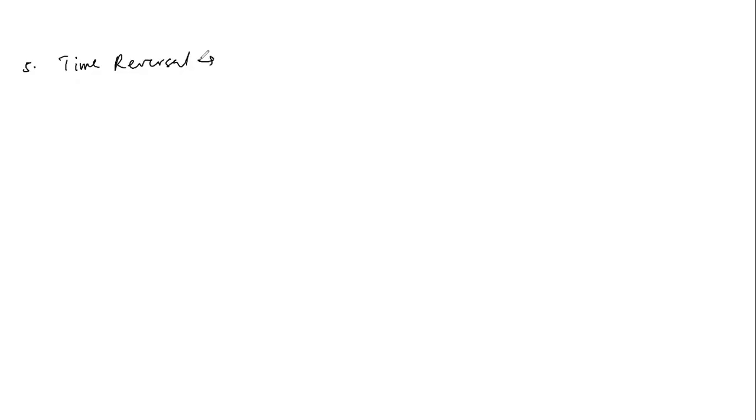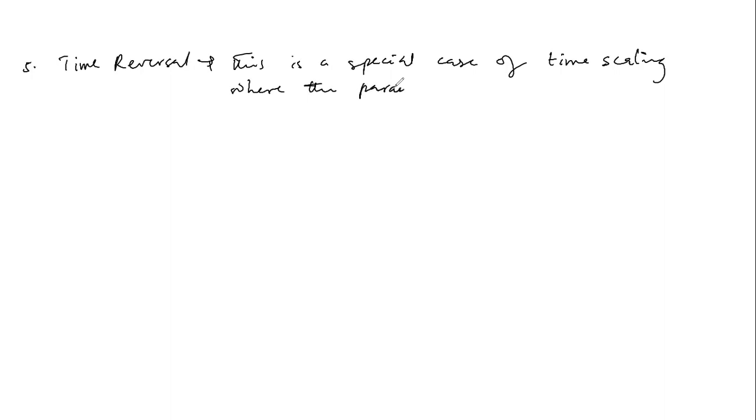So in this case, we say this is a special case of time scaling, where the parameter beta is equal to -1, such that beta equal to 1 over p is still the same as -1.